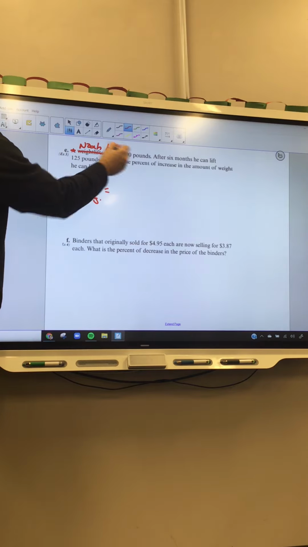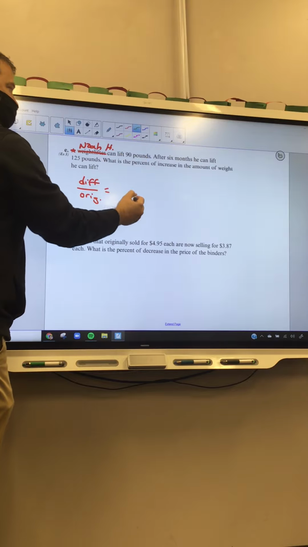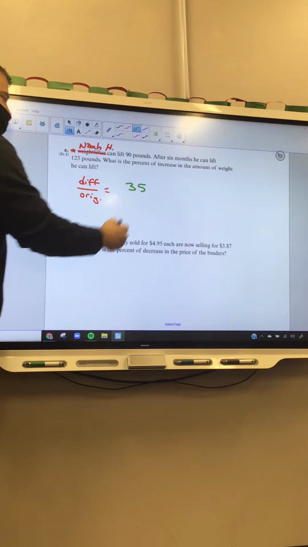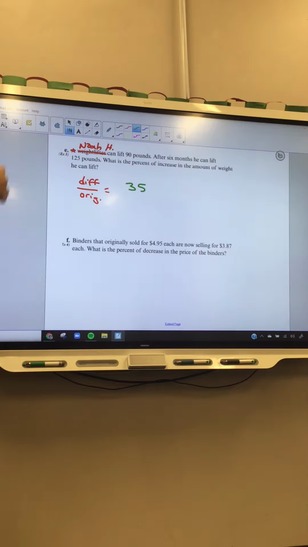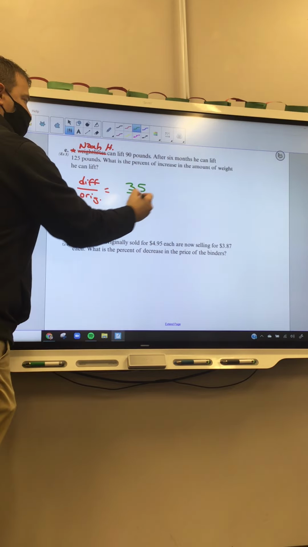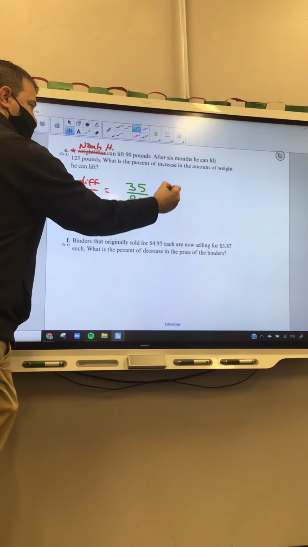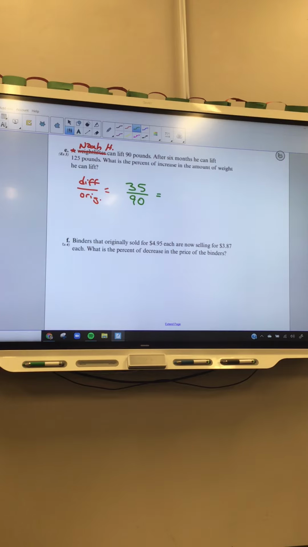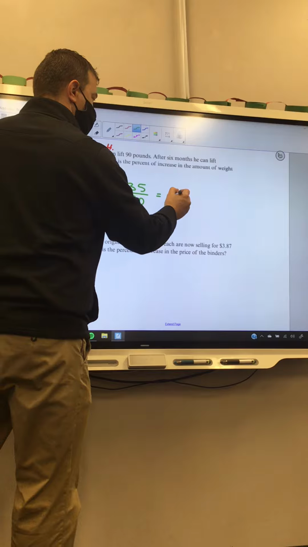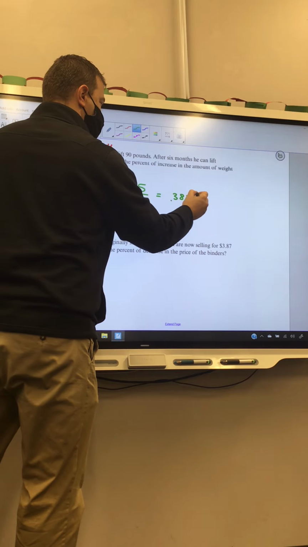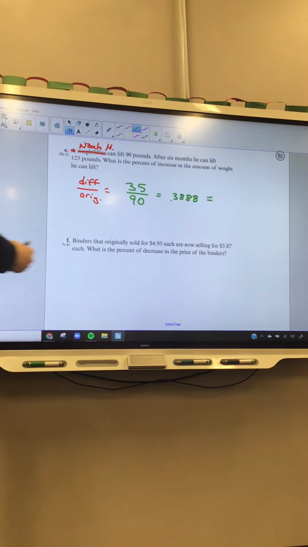Okay, so the difference between 90 and 125 is 35. Is that positive or negative? Positive. He gained more, or was able to do more weight. And the original was 90 pounds. Okay, so turn that into a percentage. What do we get? 0.3888 and so on. 0.3888 is a decimal, so turn it into a percentage now.